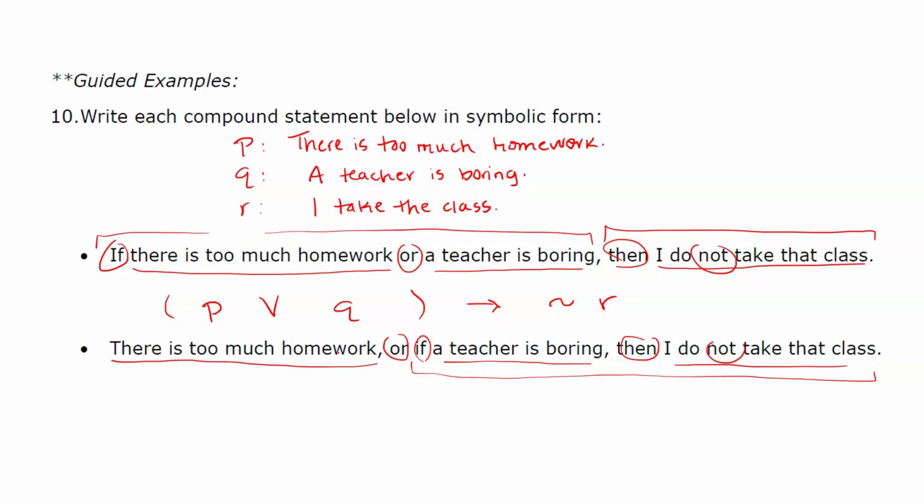So there is too much homework, that is P, or if a teacher is boring, so that's Q, then I do not take the class, so not R. Okay. Let's do another one.